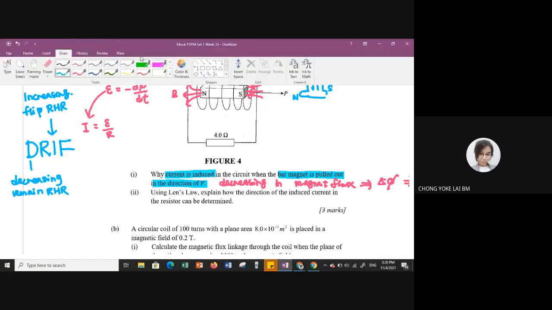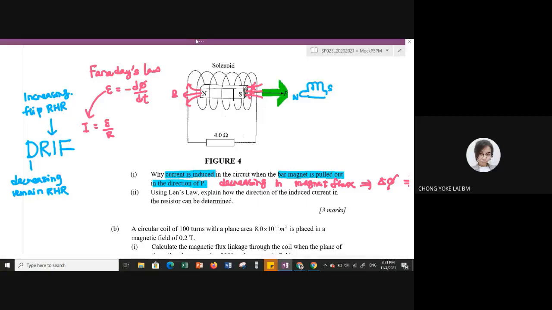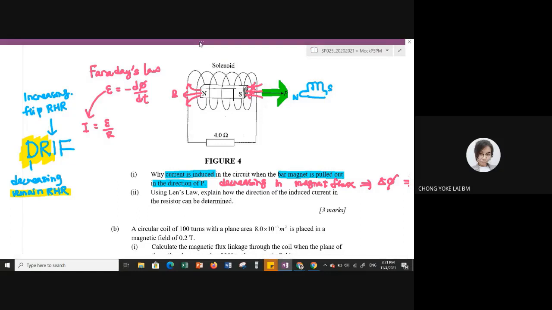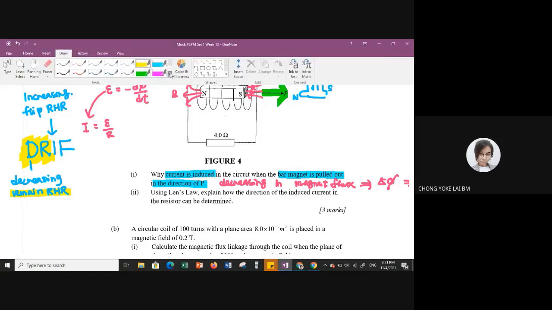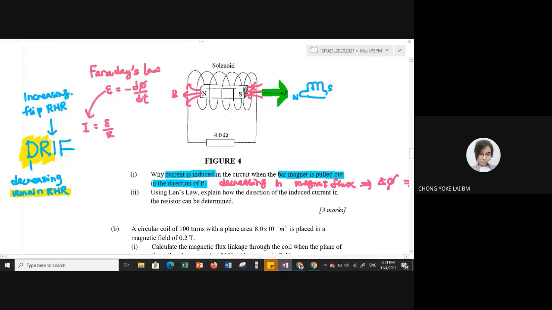Kita tarik magnet bar ni keluar. We have decreasing in flux, so flux kita makin kurang. Apa kita perlu buat? Kita kena remain our right hand rules ni lah, supaya kita boleh hasilkan balik magnetic field yang sama. Jadi, kita tak boleh flipkan dia.